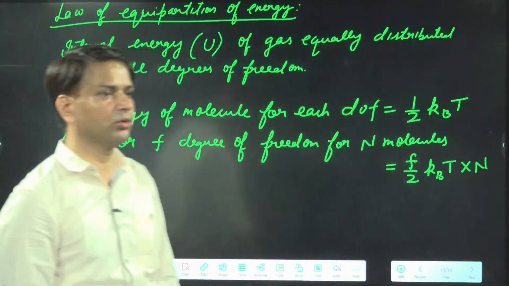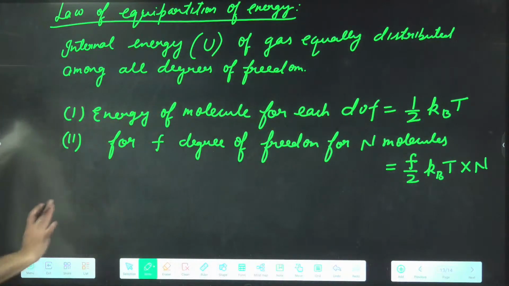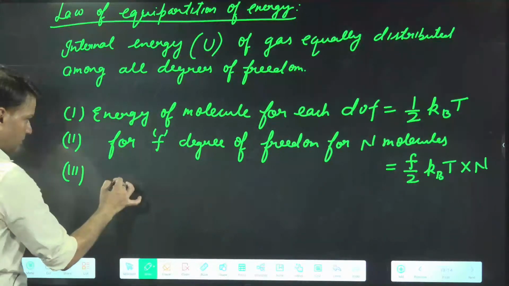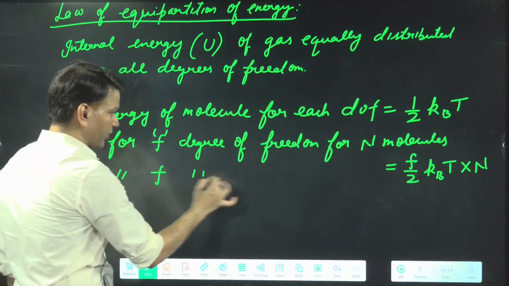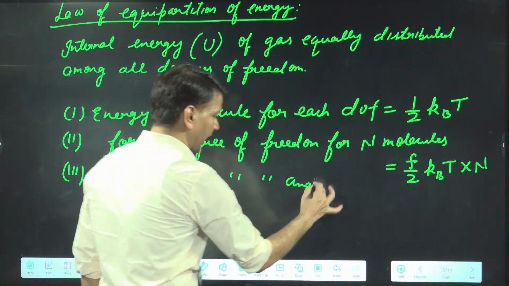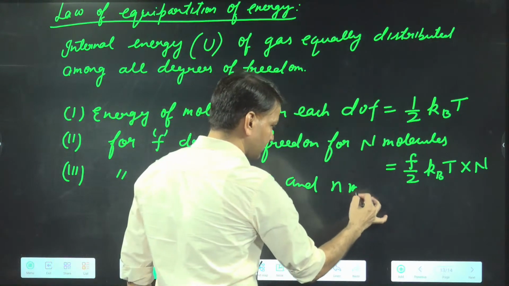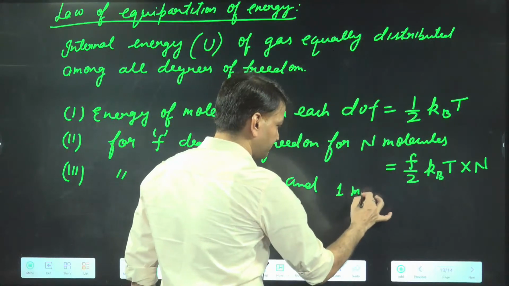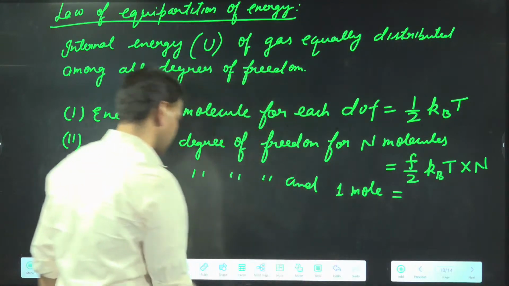So 1 by 2 kB T into N for F degrees of freedom and N molecules. Then for F degrees of freedom and N moles, 1 mole first, 1 mole.